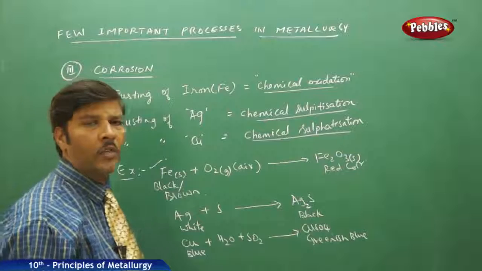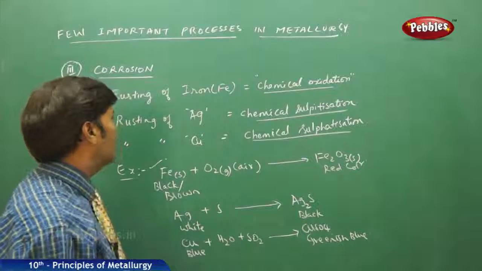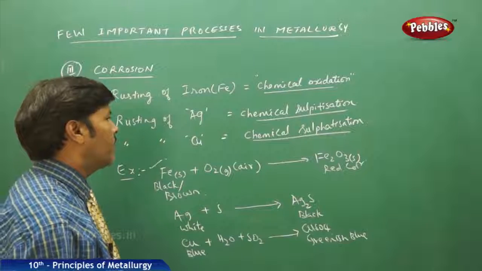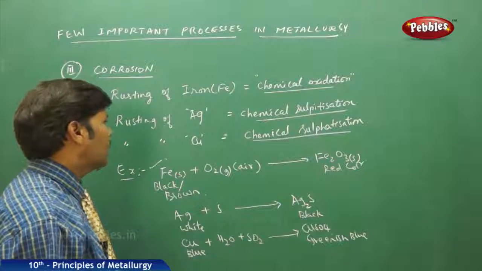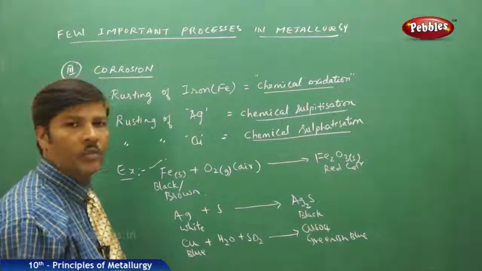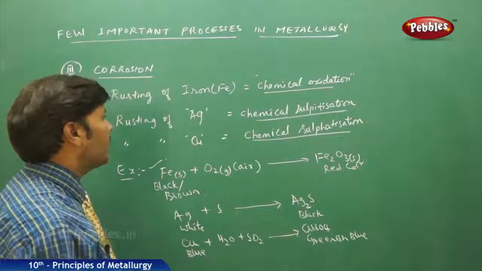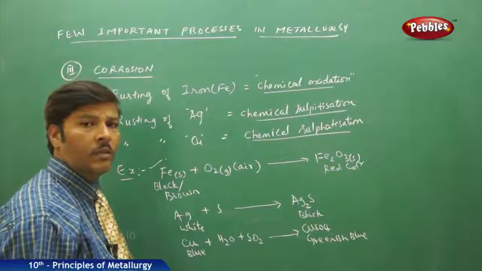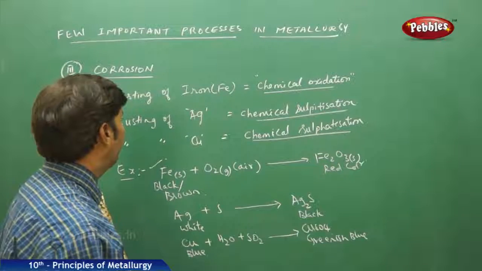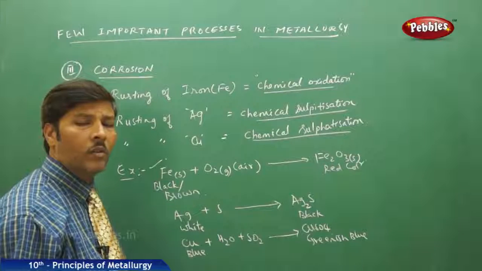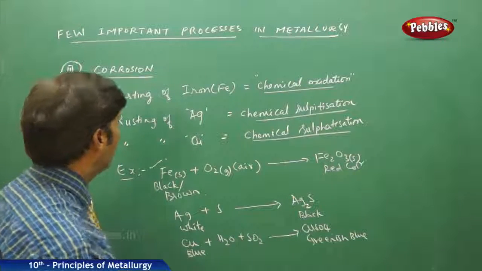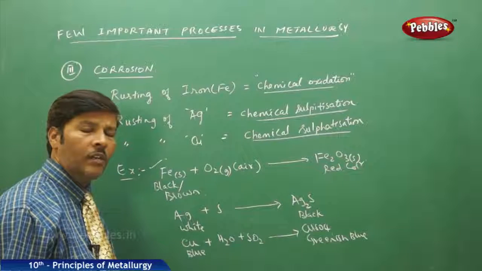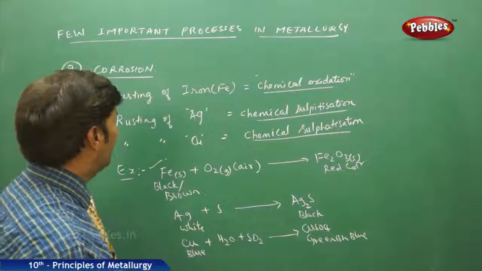The corrosion can be understood in terms of rusting, that is chemical oxidation of iron, rusting of silver, chemical sulfidization, rusting of copper, chemical sulfatization. So that means rusting takes place with different mechanisms for different metals, and rusting is also a part of corrosion. But here particularly rusting is more prominent or more significant in the case of the metal iron.